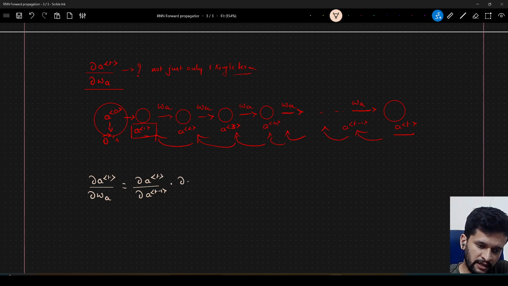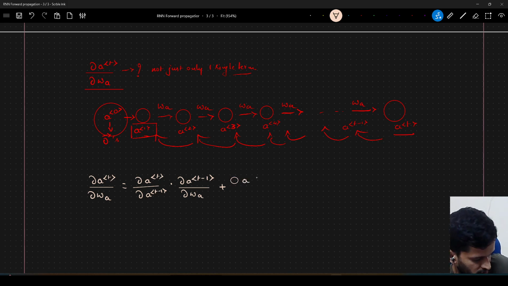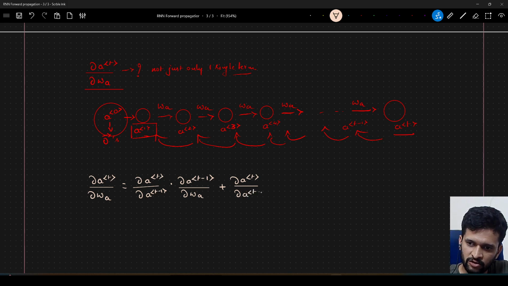And this At minus 1, the activation at time step t minus 1, is in turn dependent on dWA, correct? And further adding, dAt is also dependent on At minus 2, right? This is dependent on all of these, because some information from the first time step will flow till the last time step activation. This you have to remember and understand.